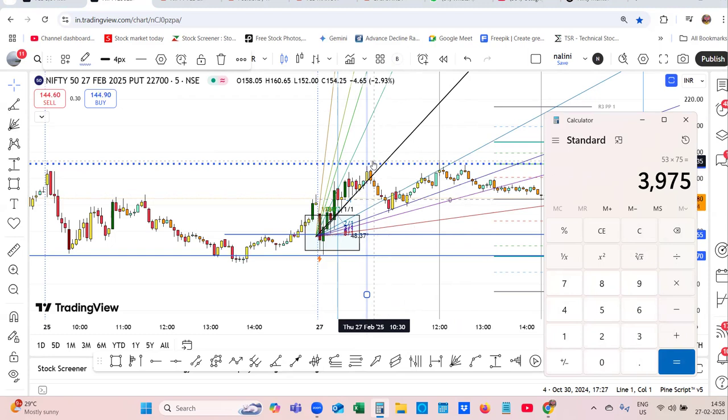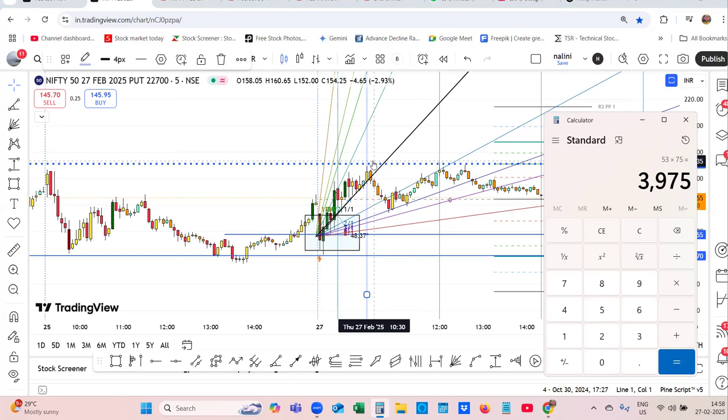That is enough, traders. 90% of the time, this type of trade works in the index as well as in the stocks also. Commodity, you can check because all instruments are the same. They are bound by the Fibonacci principles and the angle.